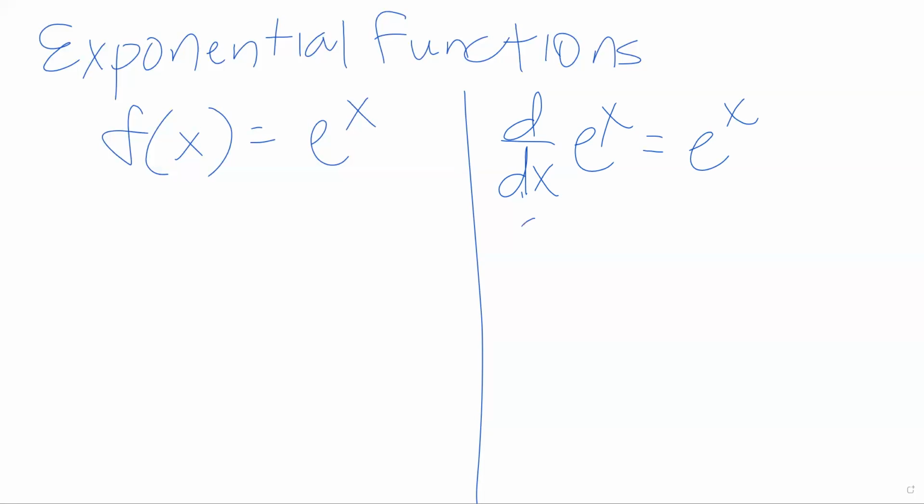Now, there are a few other rules you could consider. If you had the derivative of ax, it's going to be like the generalized power rule. You take the derivative of ax and you multiply it by the exponential.